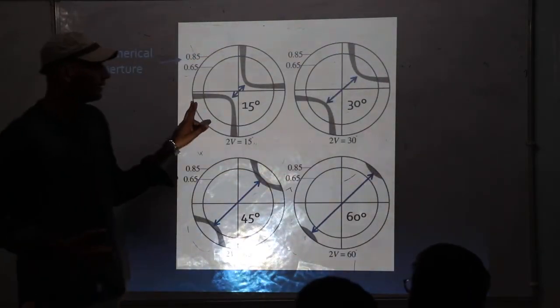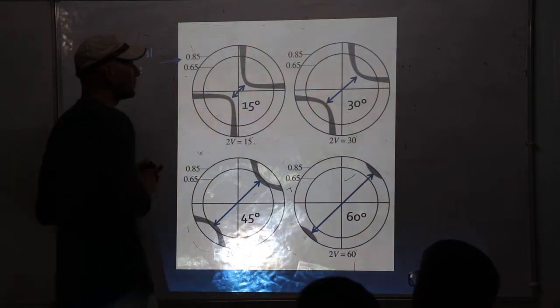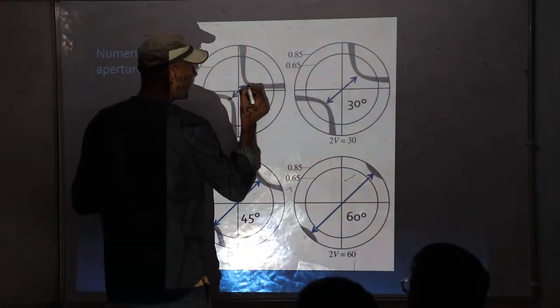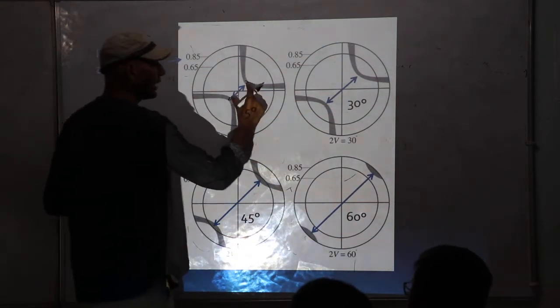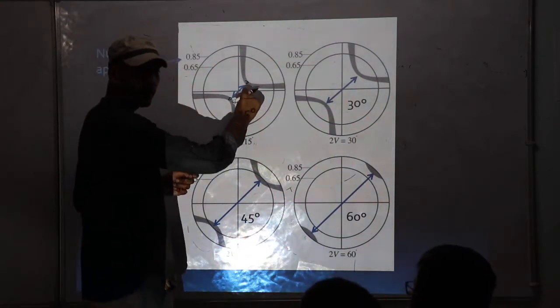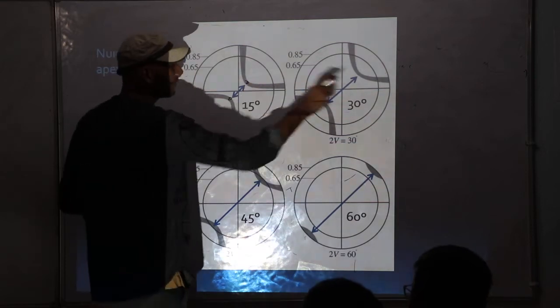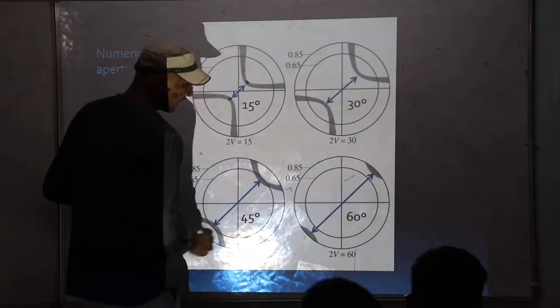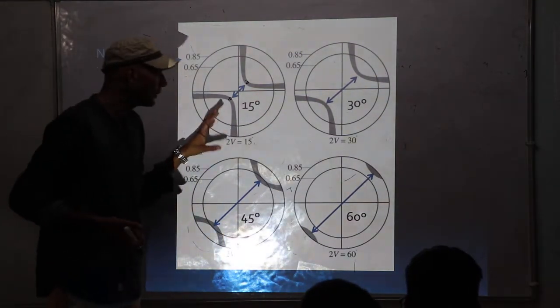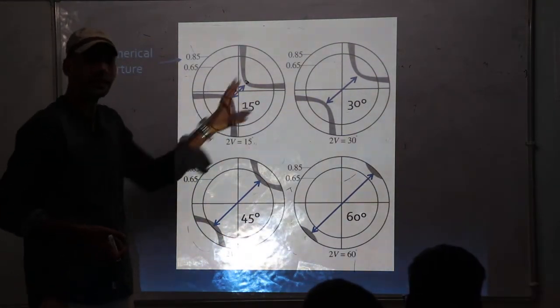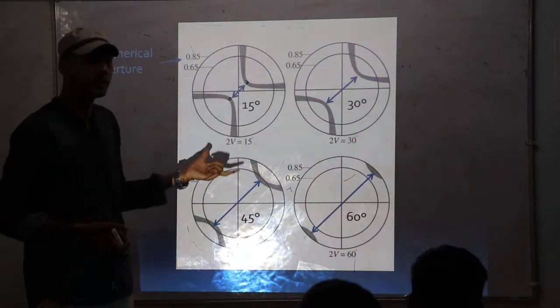The first thing is the spacing of the melatopes. If the spacing of the melatopes is nearer, it means the 2V angle is lesser; if the spacing of the melatopes is greater, the 2V angle is higher. In some microscopes there is a linear scale within the crosshair.